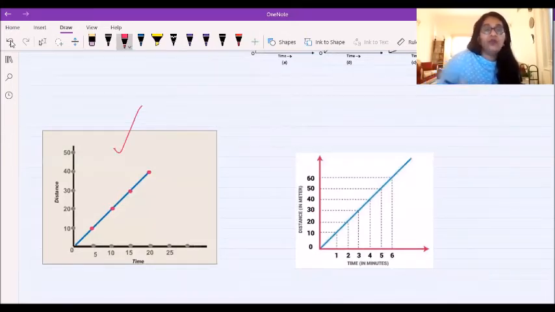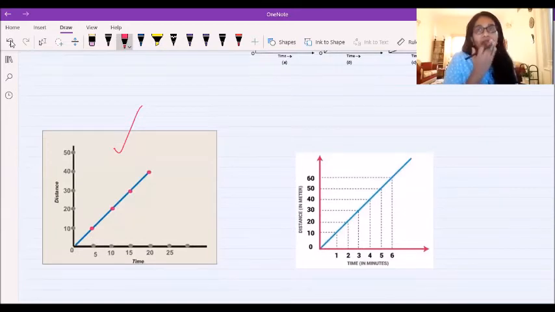Okay. Now what are the other uses of this graph? Distance time graph. What are the uses? With this you can identify the motion of the object, whether the object is at rest or uniform. That is one advantage, of course. What is the second advantage? Okay, the second advantage is that we can calculate the velocity or speed of an object using a distance time graph.